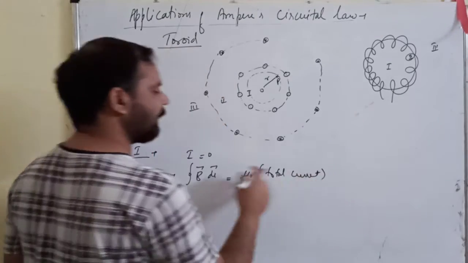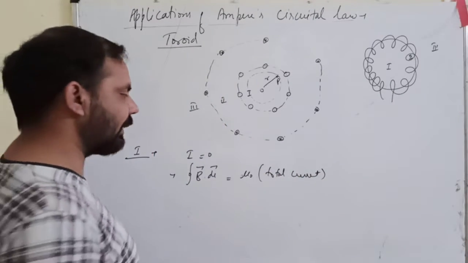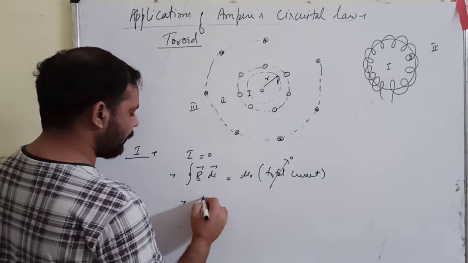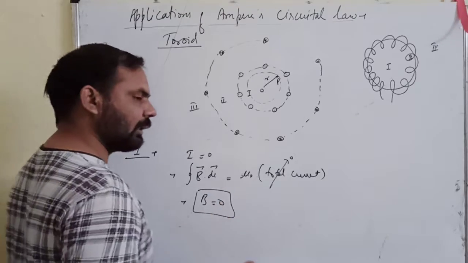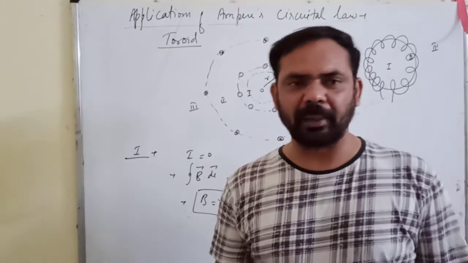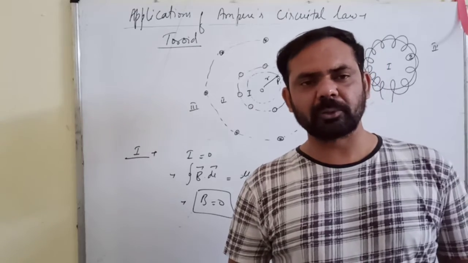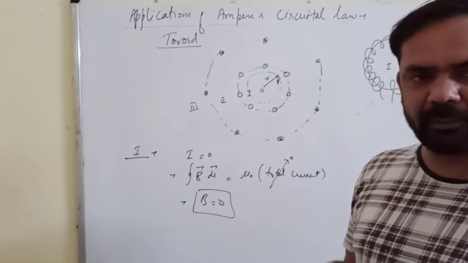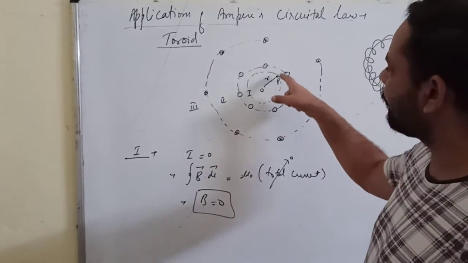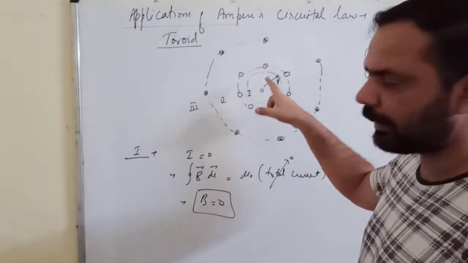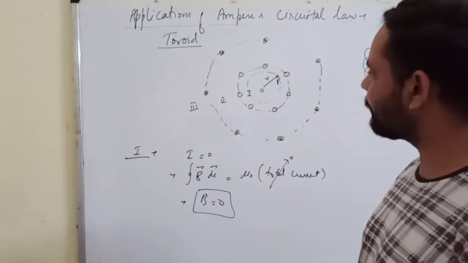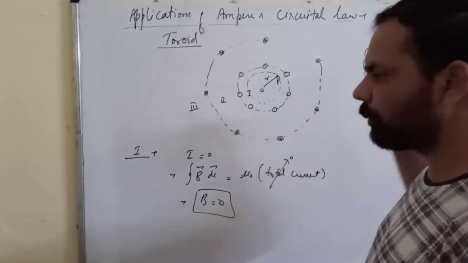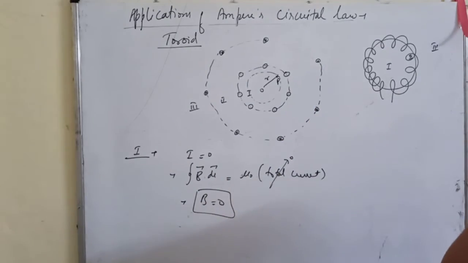Now this total current is 0, and therefore B is equal to 0. Simply you can understand that the source of magnetic field is electric current. If electric current is 0, then definitely the magnetic field will be 0. So in this region no current is threading through the region, and therefore the magnetic field is 0. So in the open space of the toroid, there is no magnetic field.